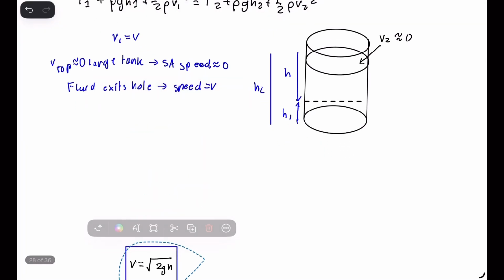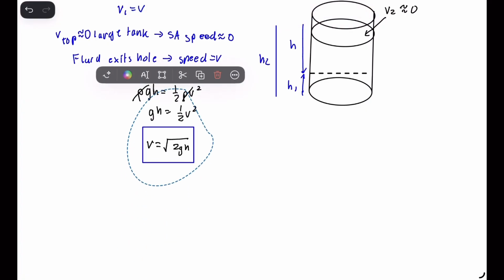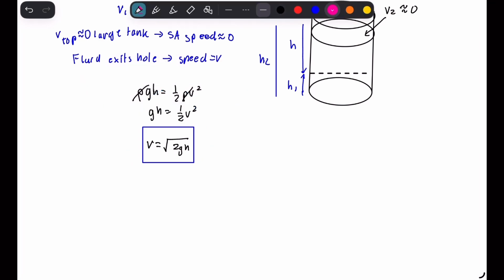So how did we get that V? We got this from rho GH is equal to 1/2 rho V squared. And we just get GH is equal to 1/2 V squared. And then we get this from multiplying both sides by 2 and taking the root of both sides.